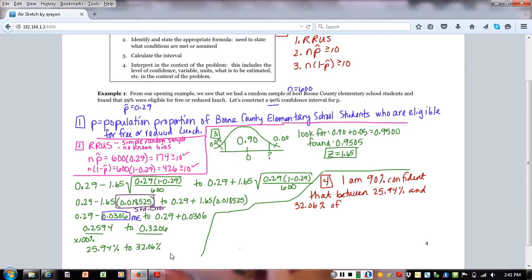Alright, so now going back to step one, what did we calculate? What are we interested in? So percent of Boone County elementary school students are eligible for free or reduced lunch.